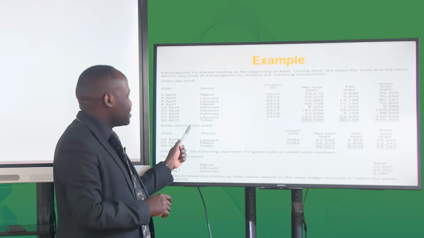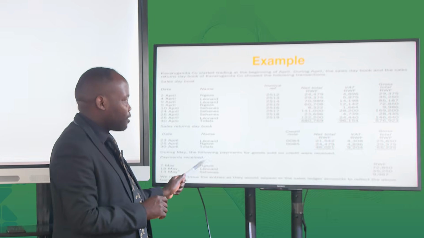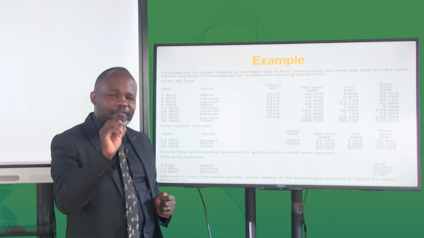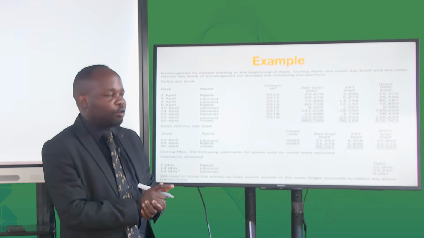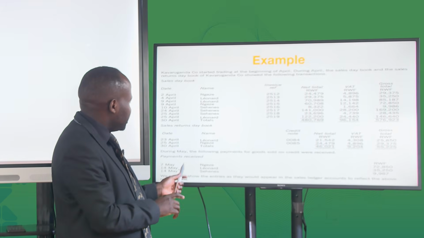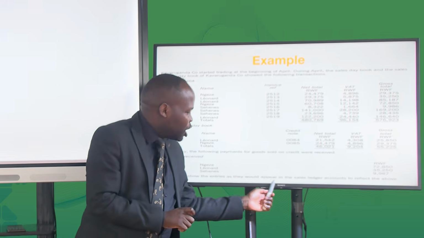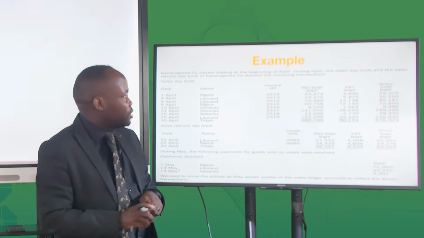There is a sales return day book and the payments that have already been received from the customer. The key point, a receivables account is a personal account of the customer. So here we need to show the entries as they would appear in the sales ledger or receivables ledger.